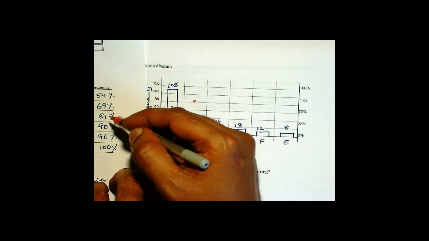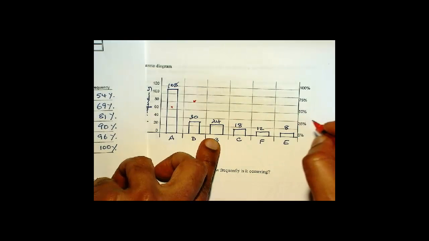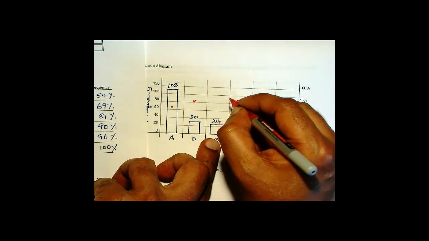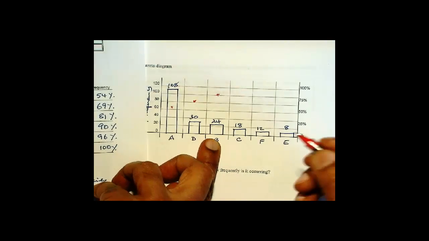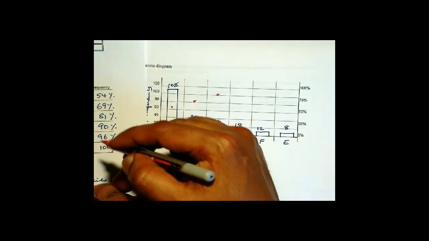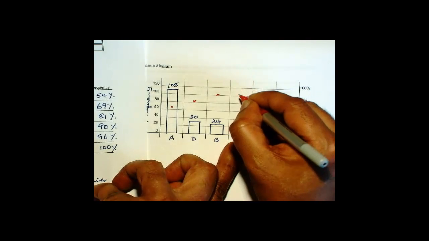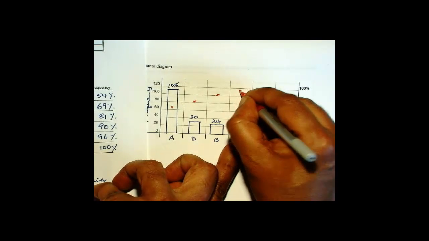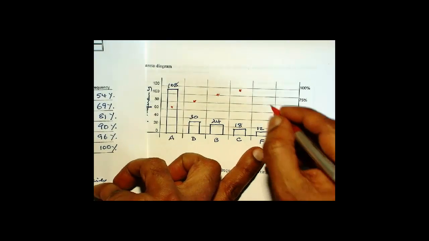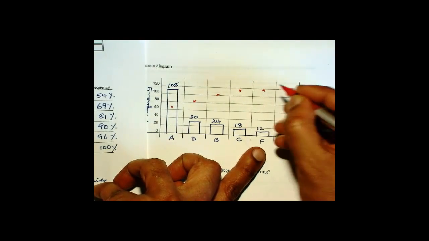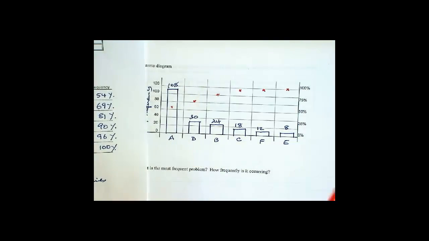And then next is 81. 81 would be about there. And then 90. 90 is probably about like there. And then 96 and 100.